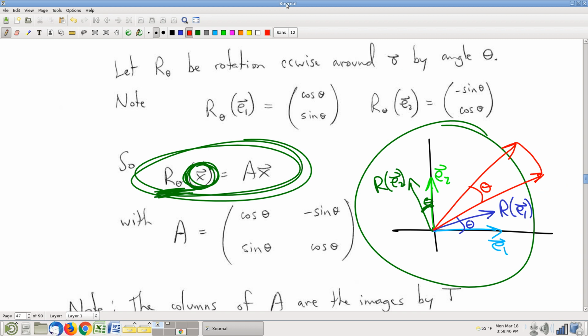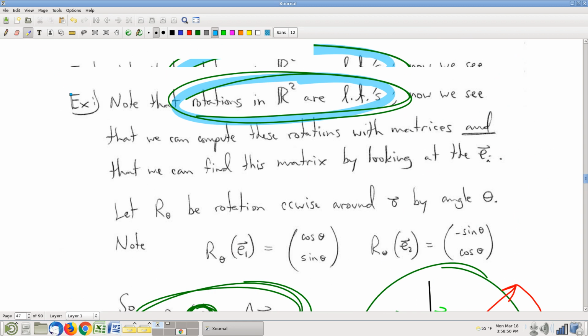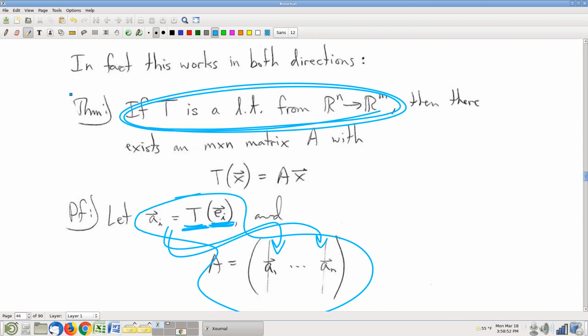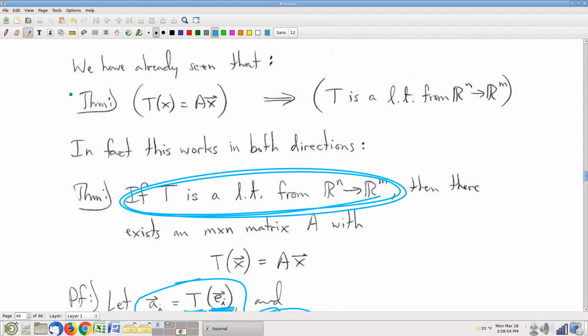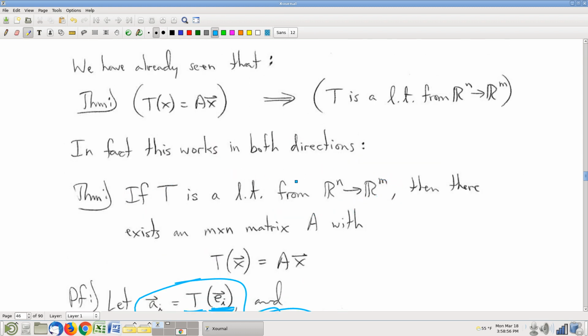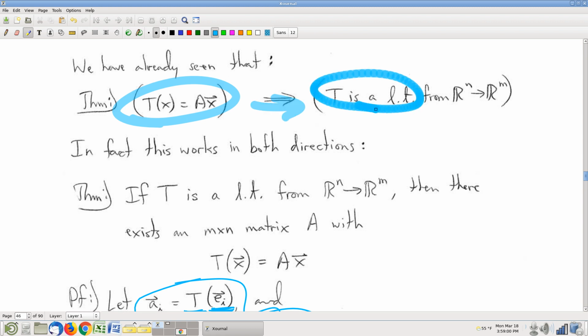Okay. Now, we find ourselves in a slightly weird situation. We already knew that a matrix is a linear transformation, and now we know that a linear transformation is a matrix.